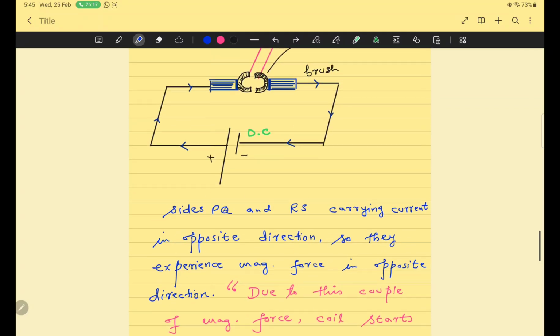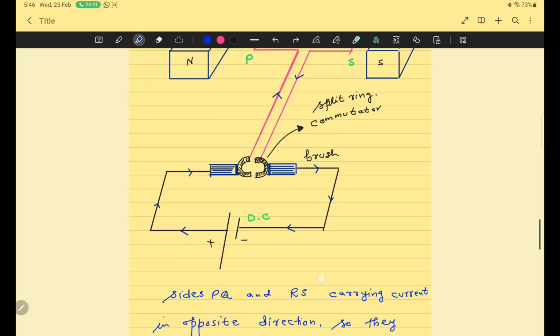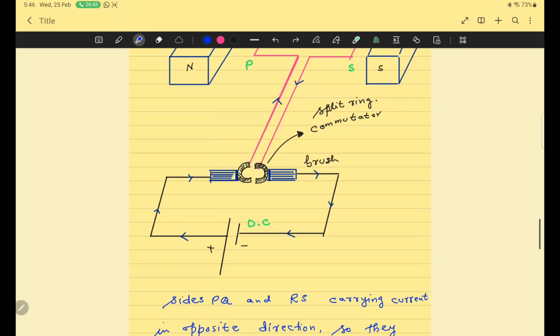So I am going to explain the issue and how it is resolved by commutator. The issue is, if there is no commutator, then the coil cannot complete even one rotation. But in the presence of commutator, the coil easily continues its rotation.